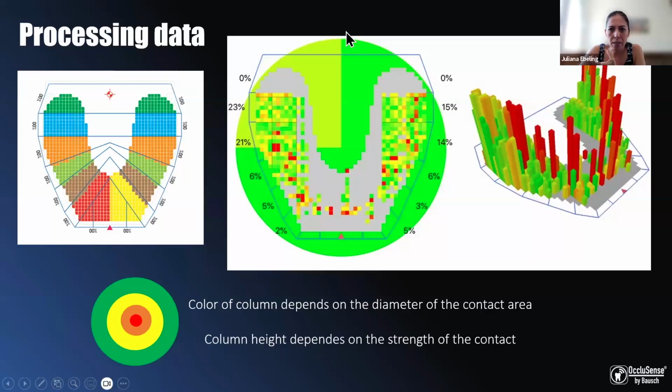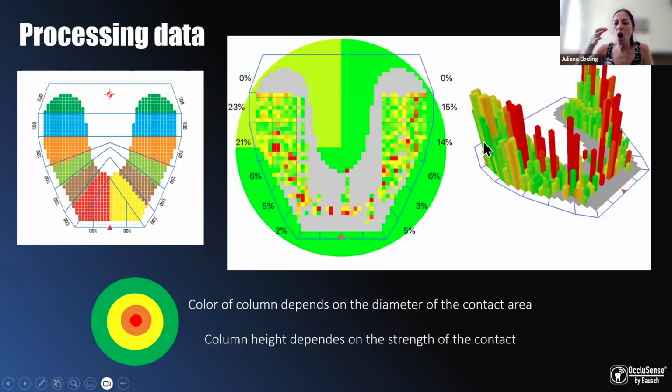What happens? That sensor has many areas, many bands to analyze the intensity. And when the sensor is between the teeth and we press it, we have contact between the two sheets. When I have a larger surface touching this sensor, these sheets, we have the color of the column.